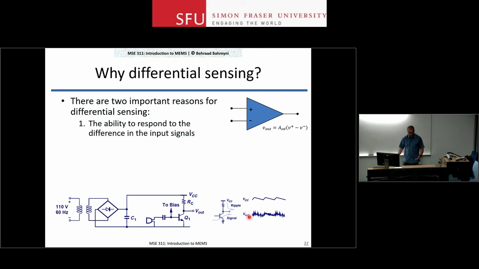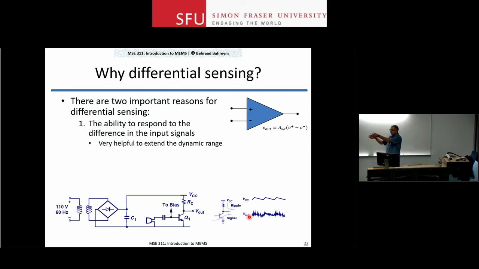So why do we want to have differential measurements or differential amplifiers? We want to look at the difference. This is one situation as described, that you have an interference on your signal and you want to get rid of the interference. You want to subtract the, let's say, main source from your signal. This increases your dynamic range.